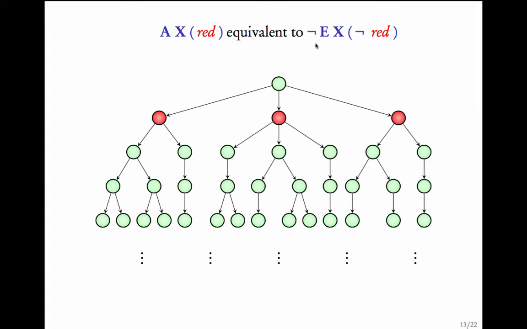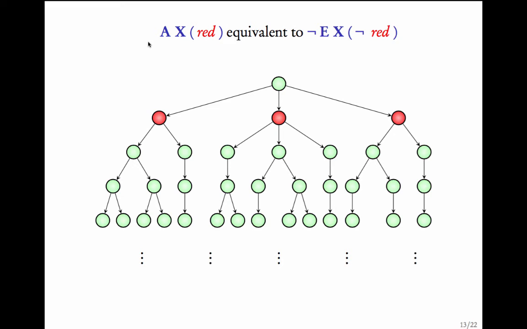This is equivalent to saying that there does not exist a path where the next state is not red. Correct? Let me repeat it again. There does not exist a path in which the next state is not red. Correct?